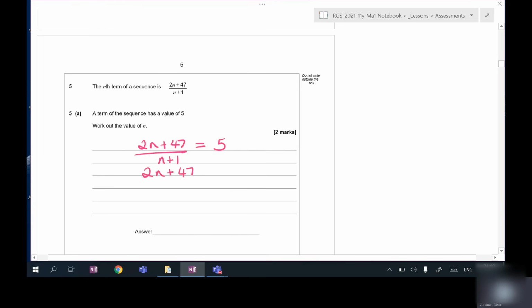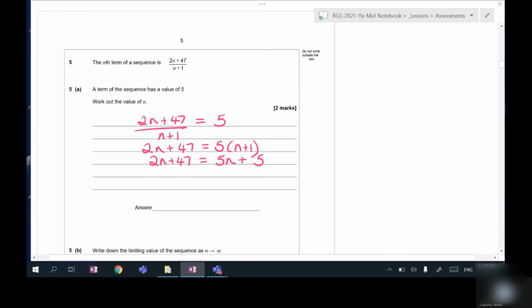So you're just solving this equation. Okay, so n equals 14.